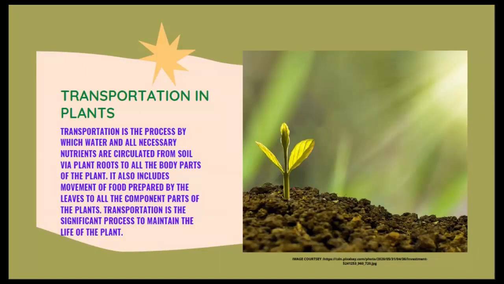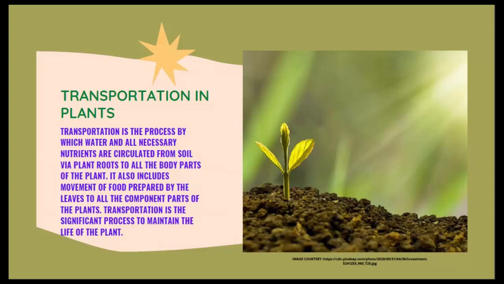Transportation in plants. Transportation is the process by which plants intake water and all other necessary nutrients from the soil, and then they are circulated from the root to the different parts of the plant. Not only that, it also includes movement of prepared food from the leaves to all other different component parts of the plant.